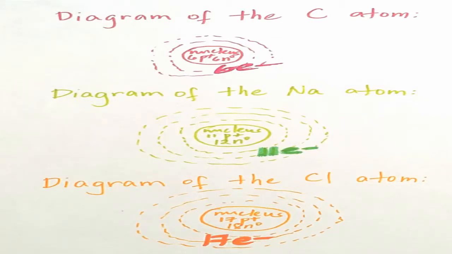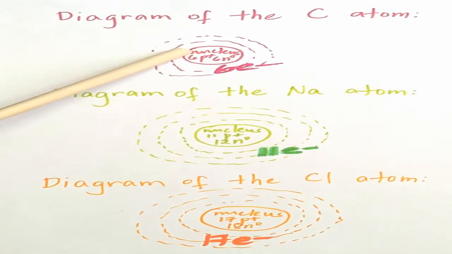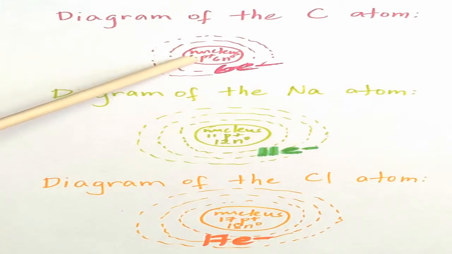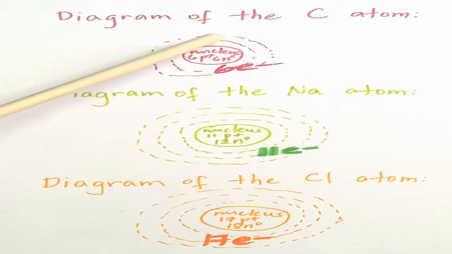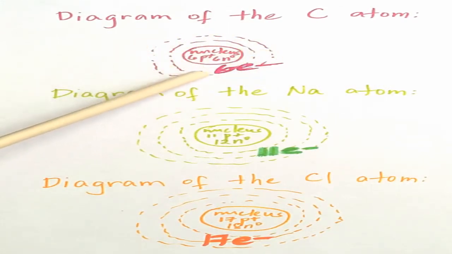If we were to draw the atoms that we looked at earlier, the carbon atom would look like this. You have the nucleus with the 6 protons and the 6 neutrons, and around the nucleus in concentric rings we have the 6 electrons.